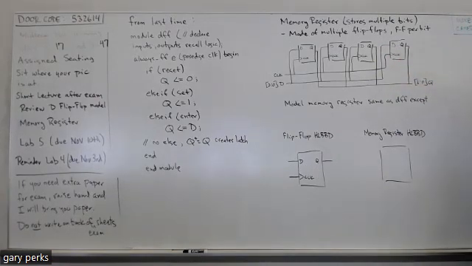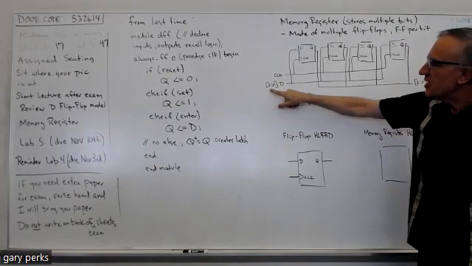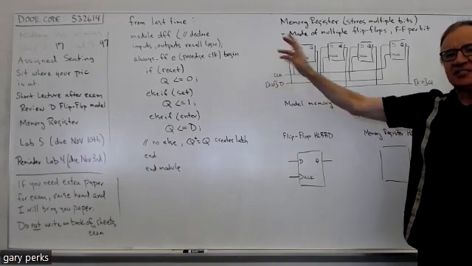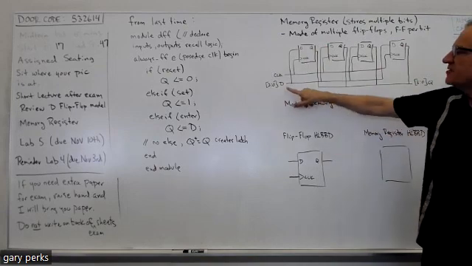If you look at how the D flip-flops are connected in a memory register, you'll see that they're basically in a parallel fashion. All the D inputs are connected together. Here we have a 4-bit D input instead of just a single bit like an individual flip-flop has.